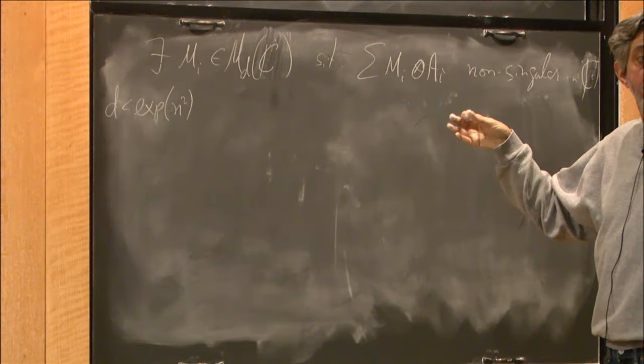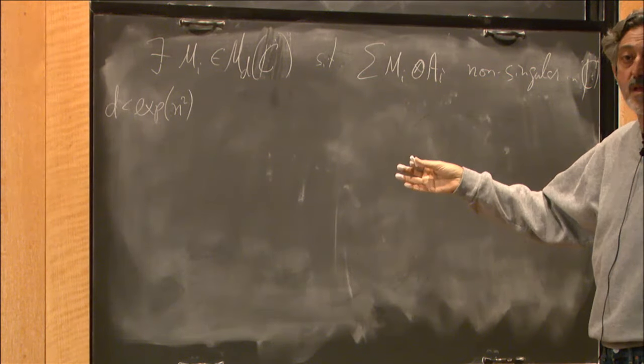I mean, that's the definition of D of n. We can blow it up so that we get a non-singular matrix.